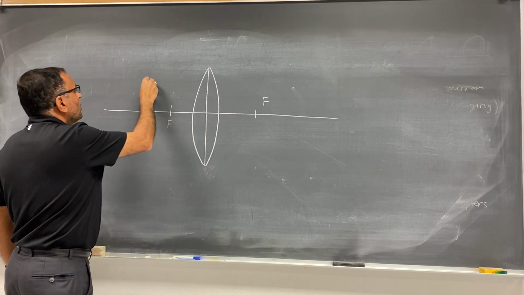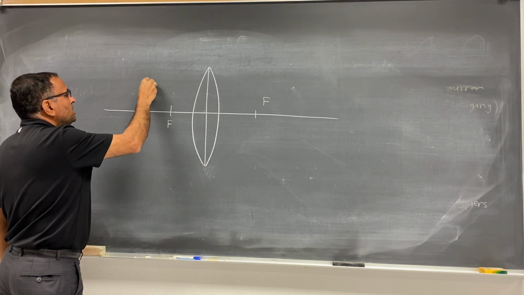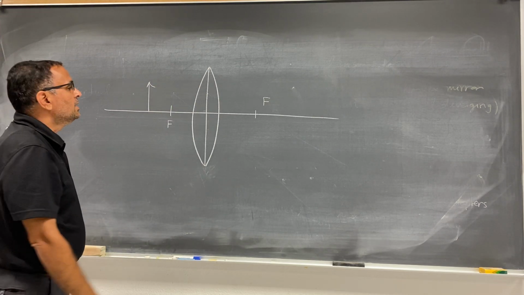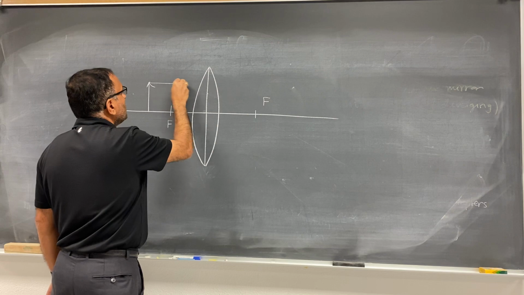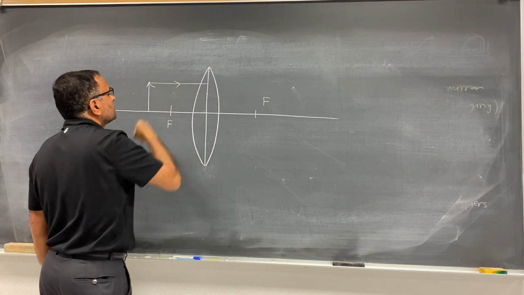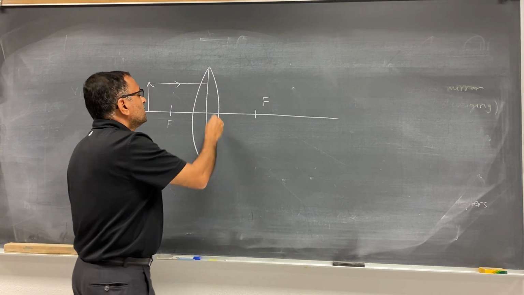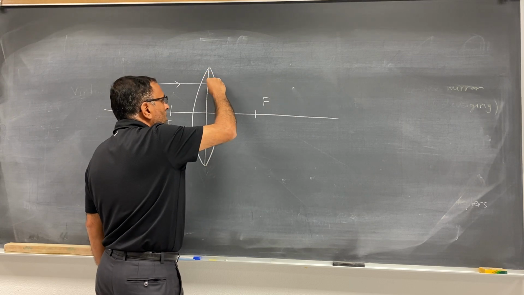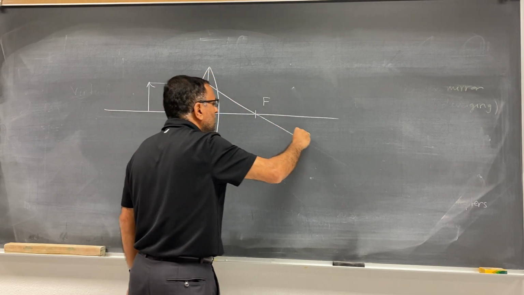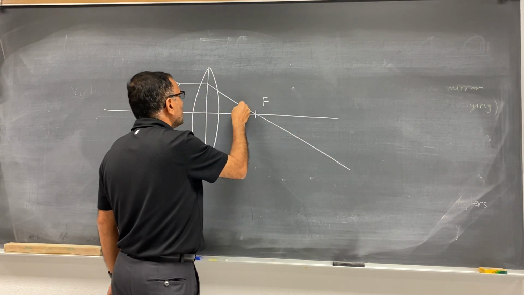And if you keep the object right here, a little bit behind the focal point, then in this case, one ray you can draw like this, parallel to the principal axis, and it passes through the focal point. Okay.